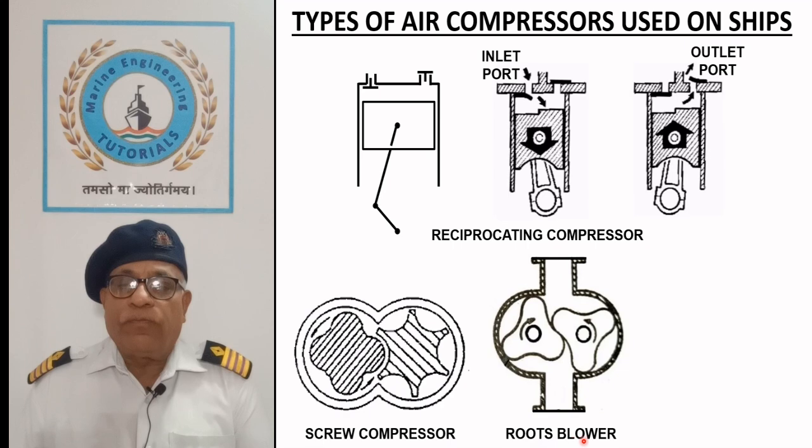Roots blower. Roots blower is a positive displacement air pump which has a pair of meshing lobes resembling a set of gears. Air is trapped in pockets surrounding the lobes and is carried from the intake side to the exhaust.